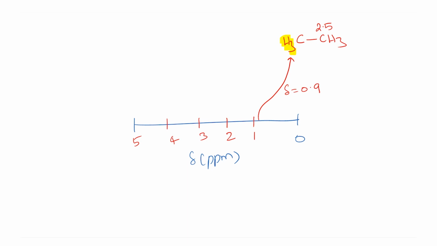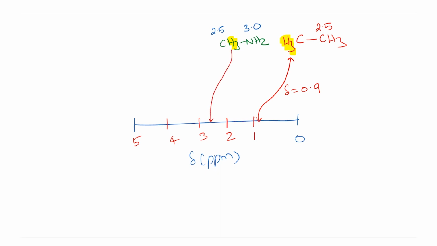Now, the next group I am going to take is methylamine. The electronegativity of nitrogen is 3.0. So, nitrogen is more electronegative than carbon, and these hydrogens show up at around 2.5.